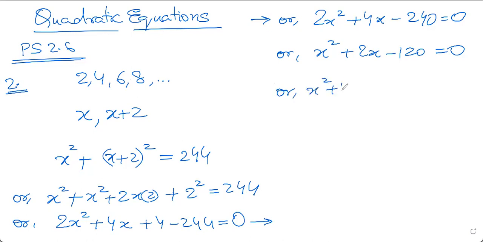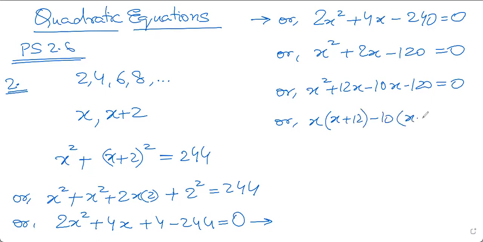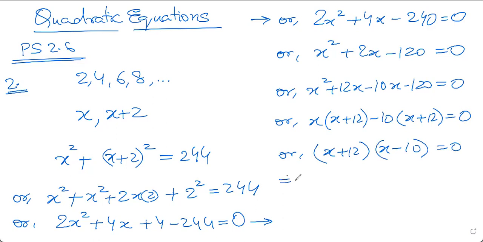x squared plus 12x minus 10x minus 120 equals 0. Proceeding in the same way, x plus 12 is common: (x plus 12)(x minus 10) equals 0.